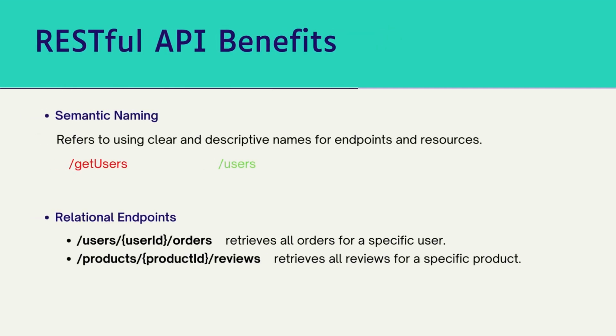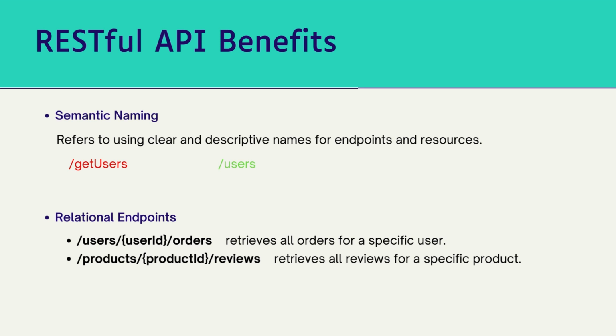Now we will move on with RESTful API benefits. Semantic naming in RESTful APIs refers to using clear and descriptive names for endpoints and resources. This practice enhances the readability and intuitiveness of the API.